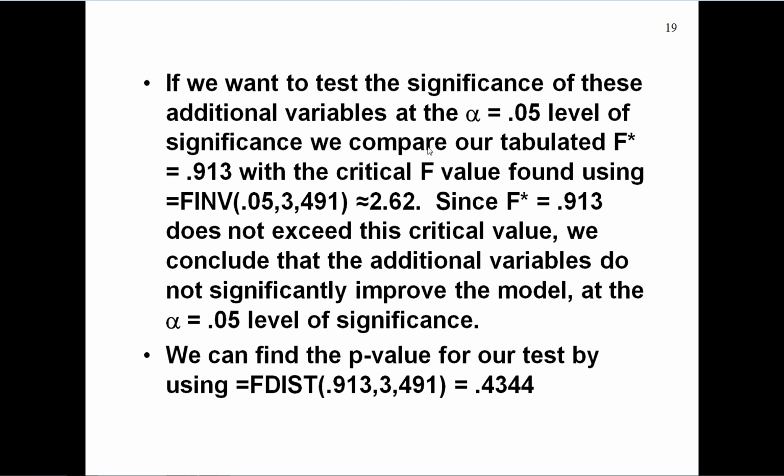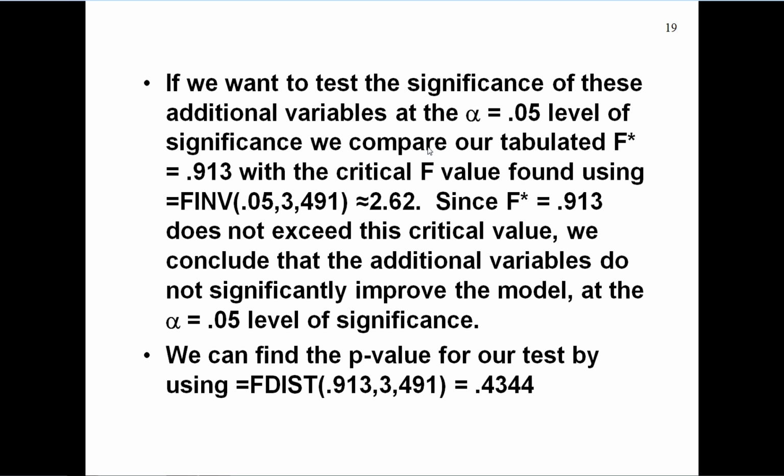But even if you were willing to accept such a hellacious p-value or level of significance of 0.43, you still would not conclude that these three additional variables significantly improve the model.